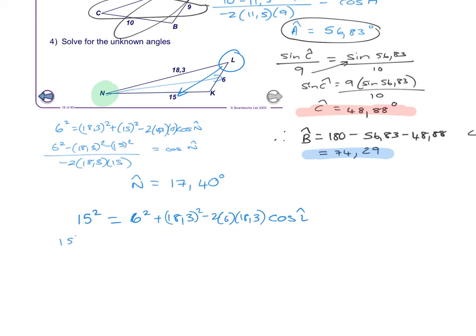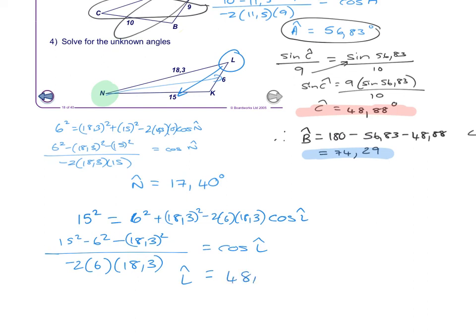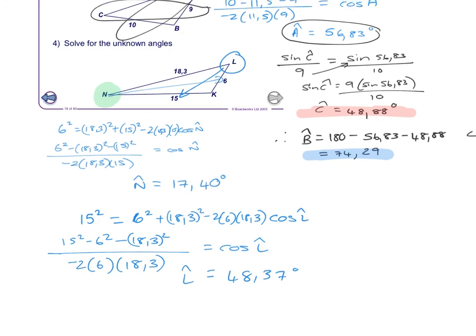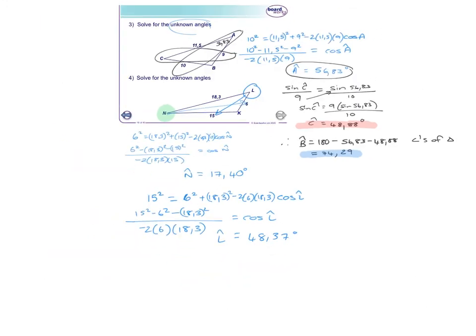Take the squareds across, subtract them from the 15 squared, divide by the -2 and its brackets, and you get cos L. And so shift cos in your calculator of that fraction and you get L to be 48,37 degrees.